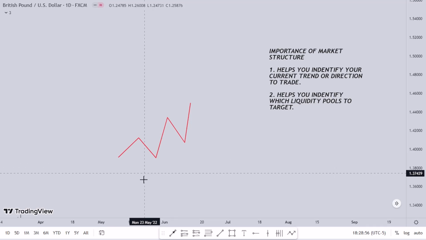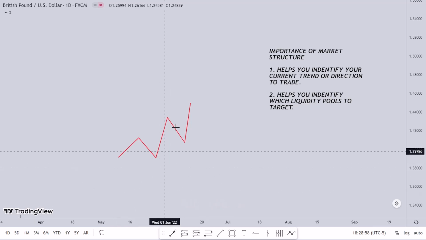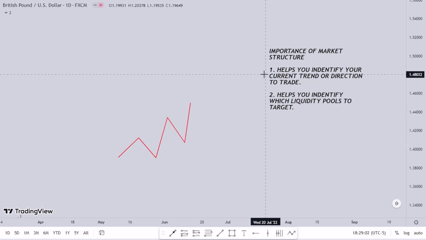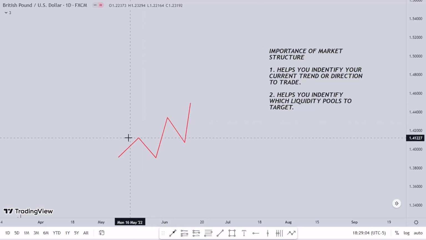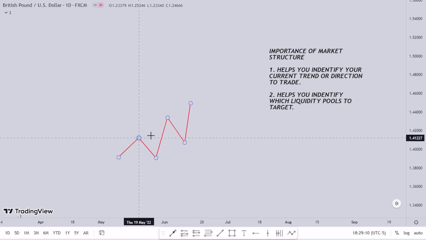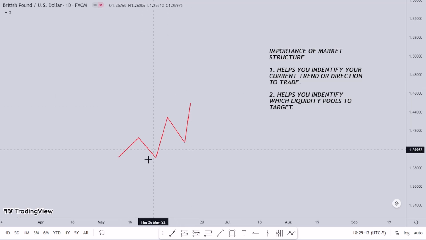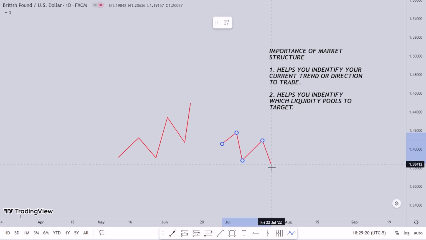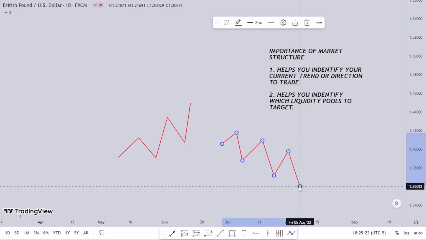So in the market that is going up sustainably, we want to be buying, and then we want to be targeting liquidity pools of the highs. If you are going up sustainably, the highs are always the target and the lows are protected. If you are going down sustainably, like in this case, we want to be what?